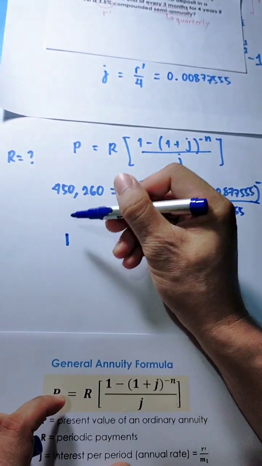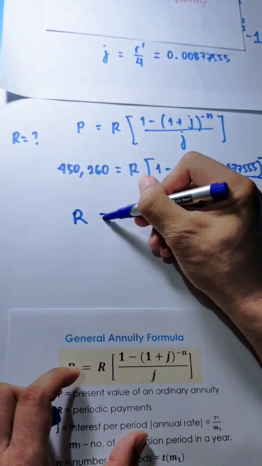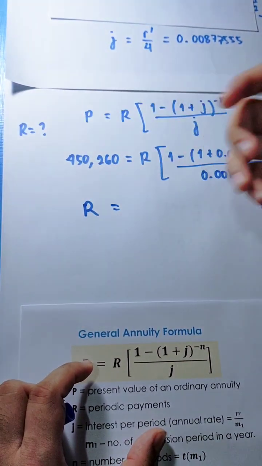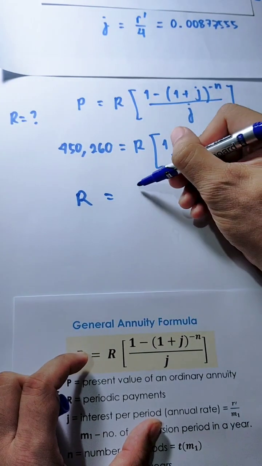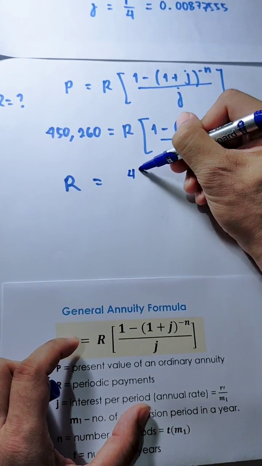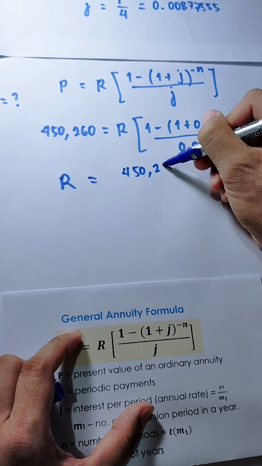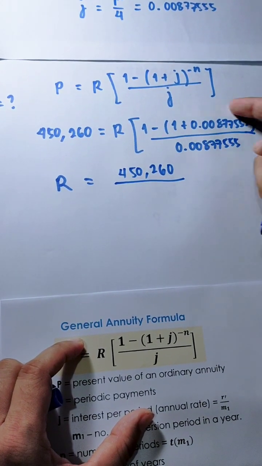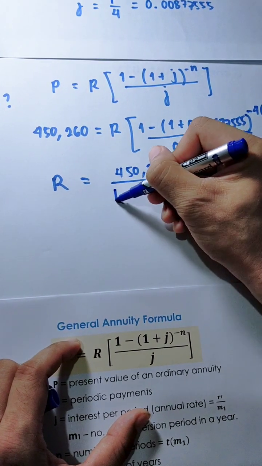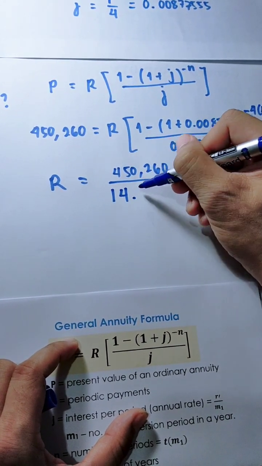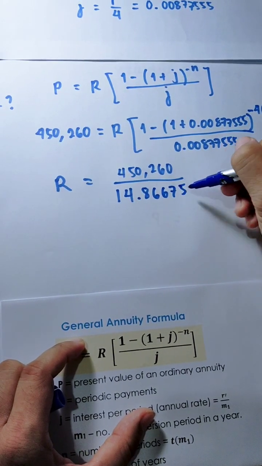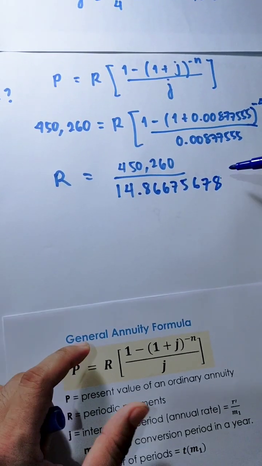All right, now let's solve for R. Our R is equal to, we can cross multiply this and put this at the denominator. So let's copy this first. That's 450,260 divided by, now the value for this one, using your calculator, will be 14.86675678.